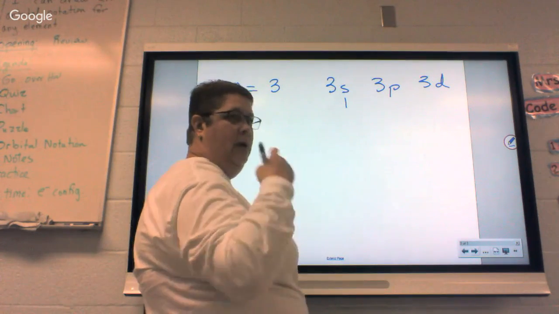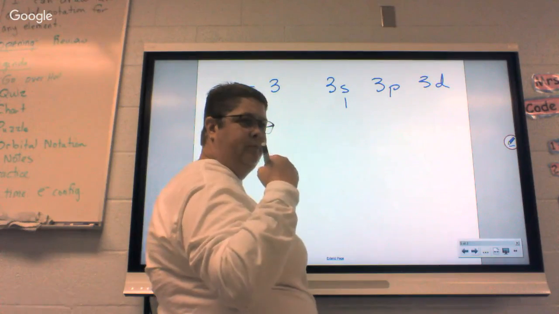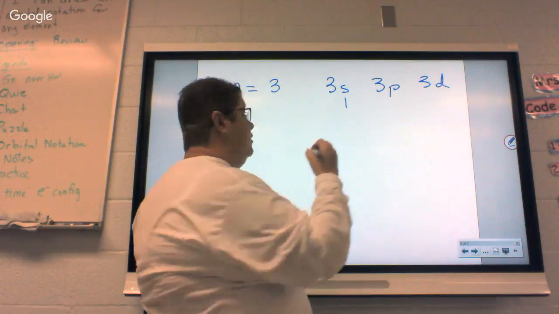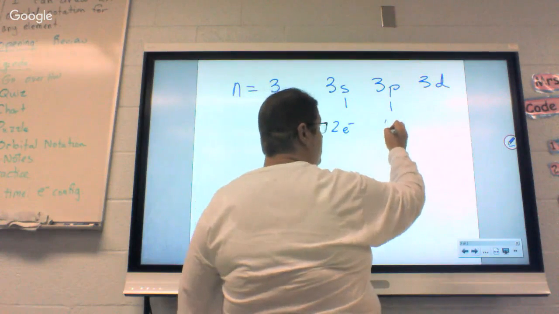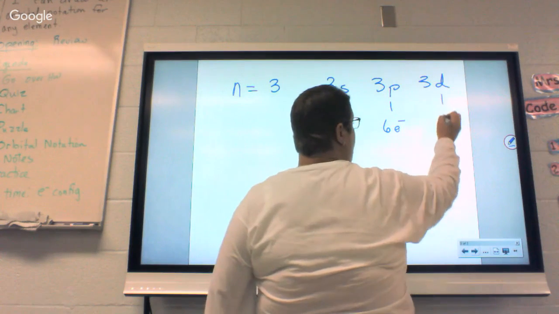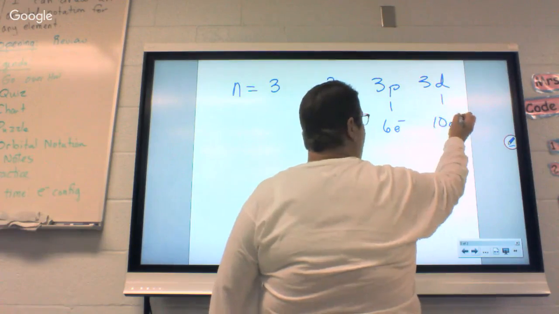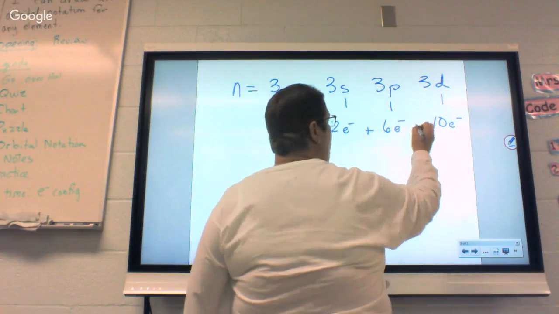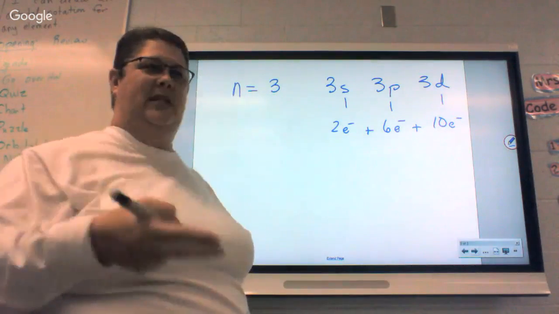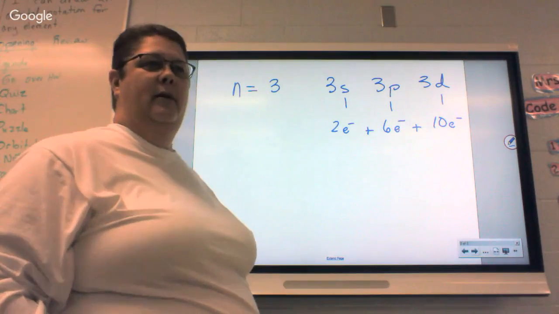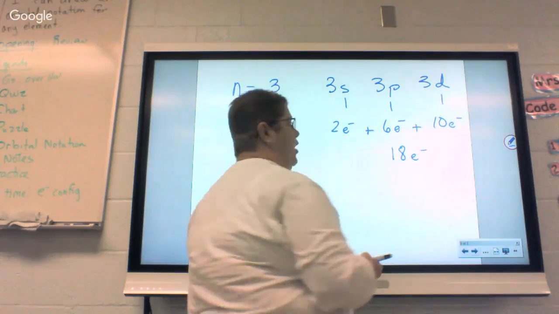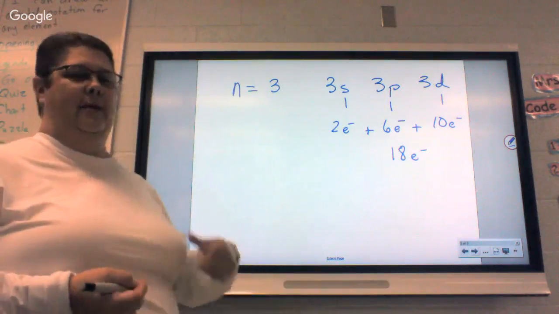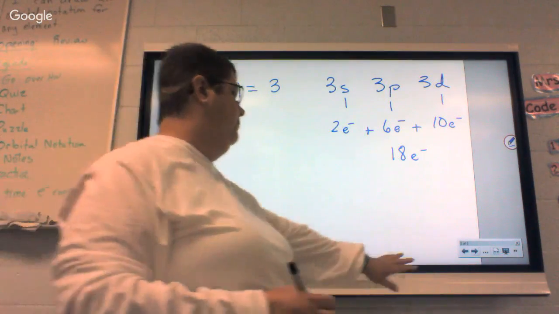What did we just look up? 2. p has how many electrons in it? And d has how many electrons in it? So if you add these together, what do you get when you say 2 plus 6 plus 10? That's how they got 18. No, we don't multiply them. We just add them. Okay?